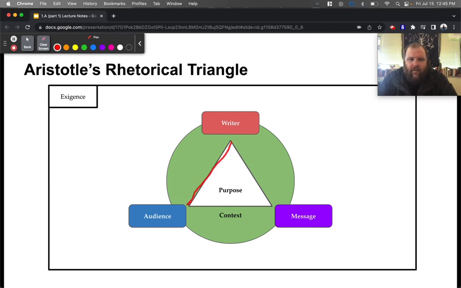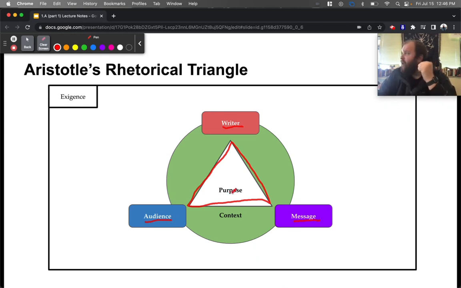All right, I'm going to try and write with my mouse, so best of luck here. The text is this middle thing, that triangle. It's this thing that exists, right? And at the very core is what its purpose is, right? What is it trying to achieve? And then who the writer is, who the audience is, and what the message is form the three parts. It kind of shapes that text.